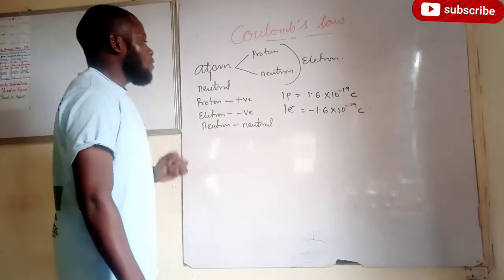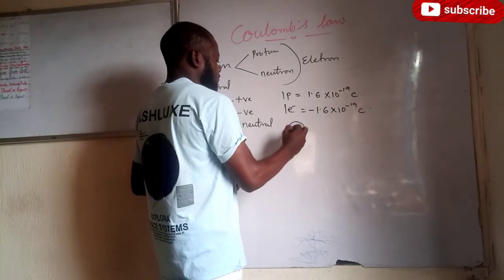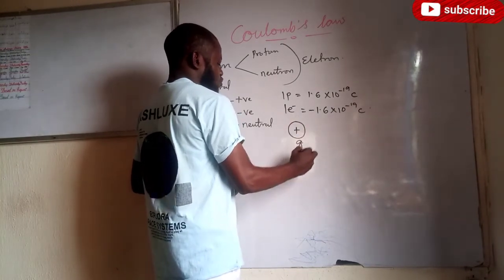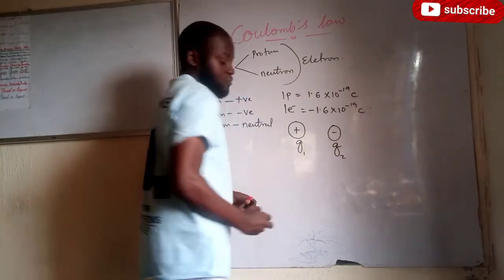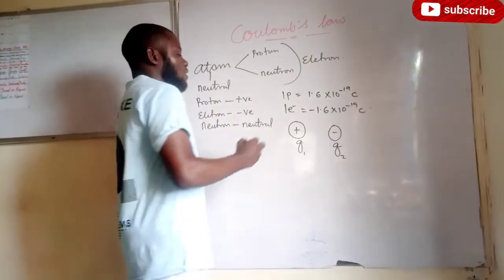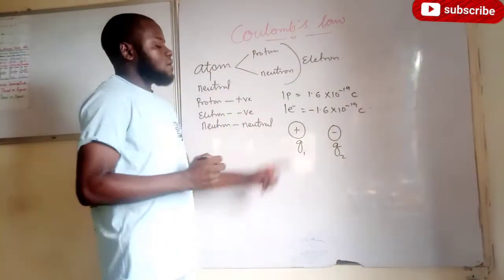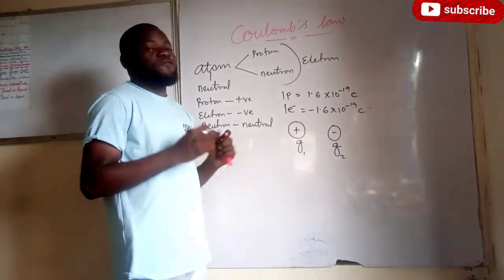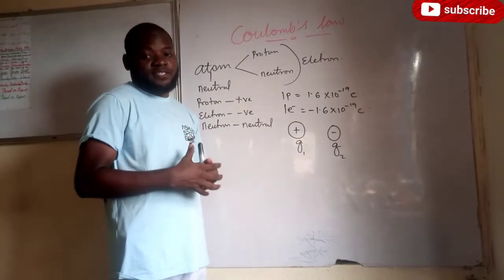Cool. Now, let's quickly look at something. If I have a positive charge, let me call this Q1, and I have a negative charge, I'll call this Q2. Now, what will happen if I place these two charges against each other? We all know that whenever we have opposite charges, they attract each other.